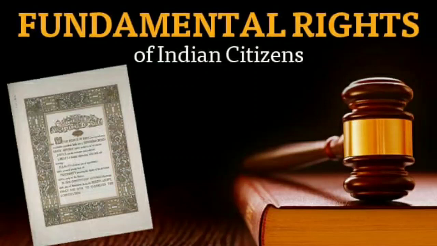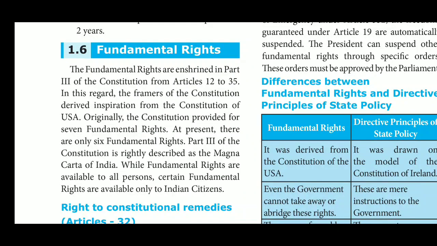Part 3 of the Constitution is rightly described as the Magna Carta of India. While fundamental rights are available to all persons, certain fundamental rights are available only to Indian citizens. Explanation. Initially, the Constitution of India had 7 fundamental rights that were borrowed from the Constitution of the USA. But later on, the right to property was abolished, so now the first 6 fundamental rights are in force.